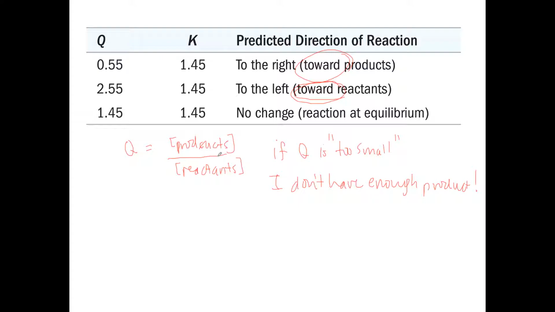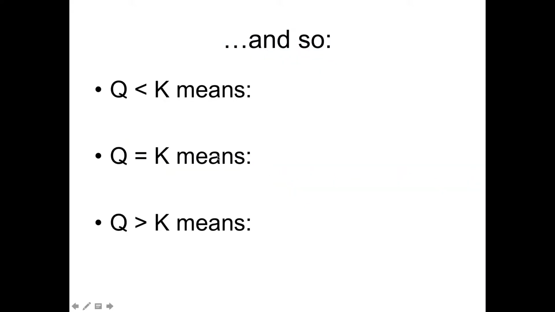Okay, so let's think about this now in the simplest terms. If Q is less than K, that means my numerator with my products is too small. And in the textbook, Tro, everybody else is also going to say this means that the reaction goes to the right.